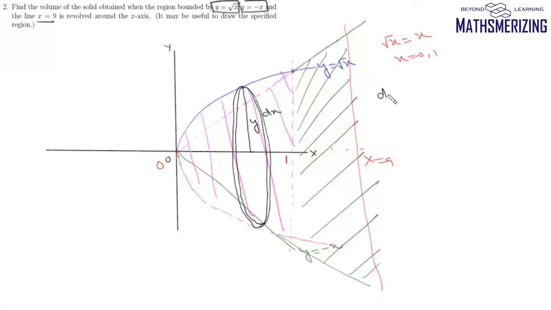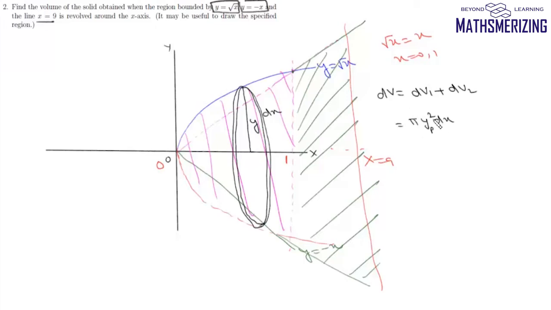So this volume will be dV1 plus dV2. Now dV1 is the volume of this paraboloid part. The area of the circle is pi r square, so it is pi and then r in this case is y. So it will be pi y square into dx, and this is y for the parabola.